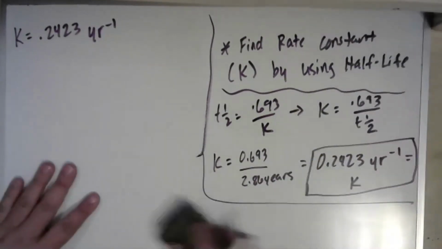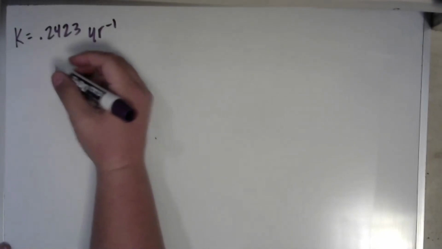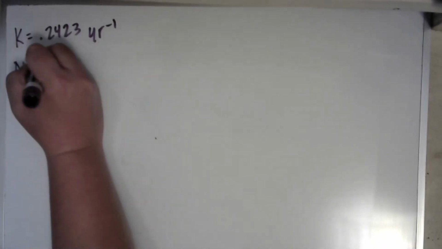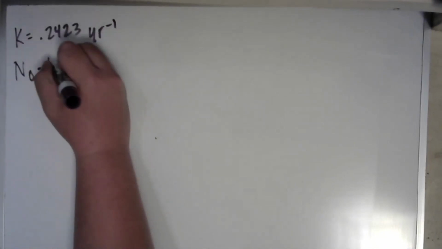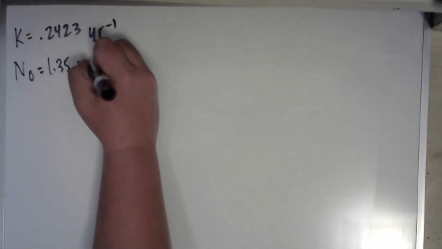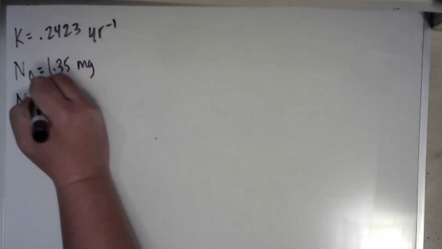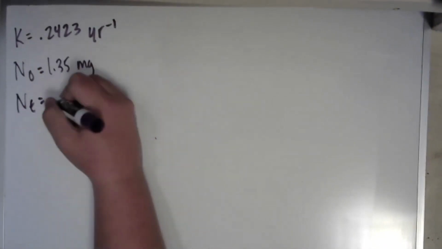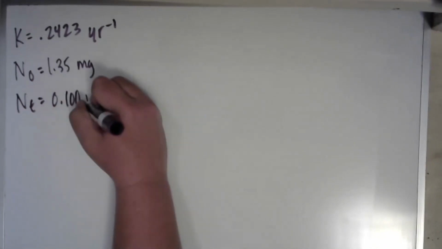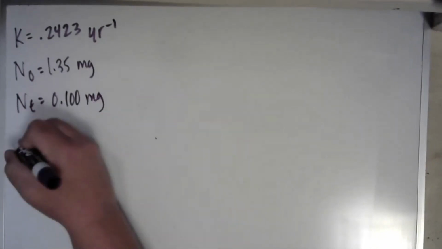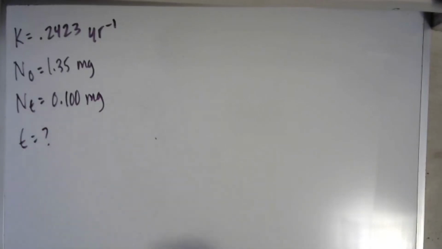So now I'm going to get rid of this. We're able to use the same rate constant because we're using that same radioactive isotope. Our N sub 0 is going to be 1.35 milligrams. Our N sub T is going to be 0.100 milligrams. And we are looking for our time.